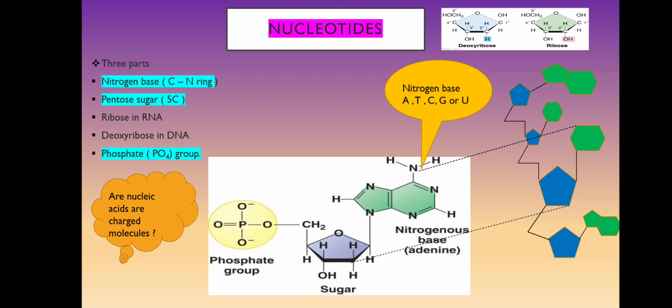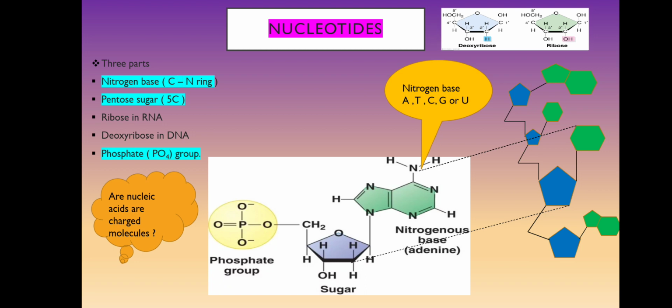Next, the nucleotides. We have already seen that nucleotides are the repeating units in nucleic acids. There are three parts in a nucleotide. First is a nitrogen base ring, that is the base, then pentose sugar. In DNA, the pentose sugar present is deoxyribose, while in RNA, the pentose sugar present is ribose sugar.